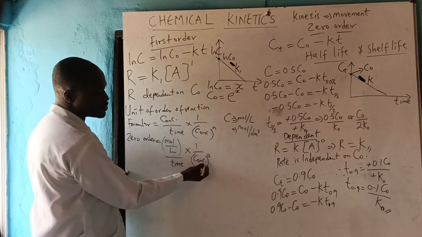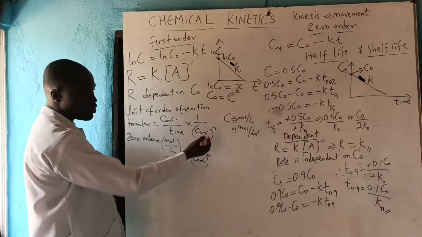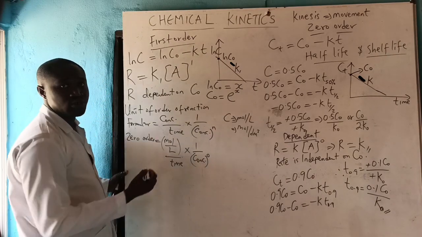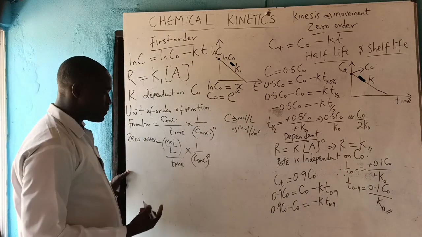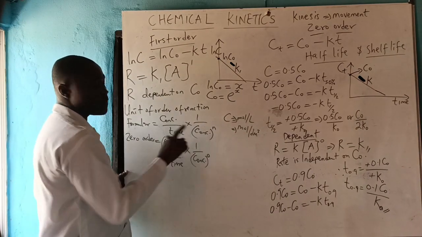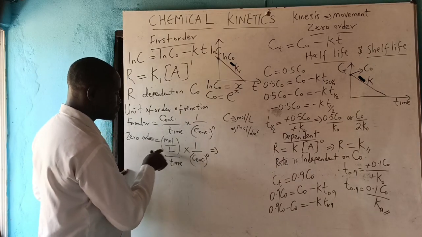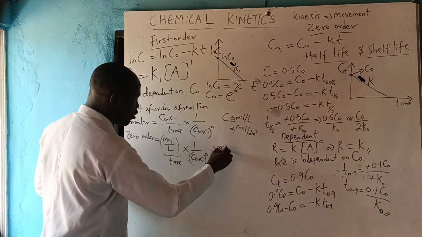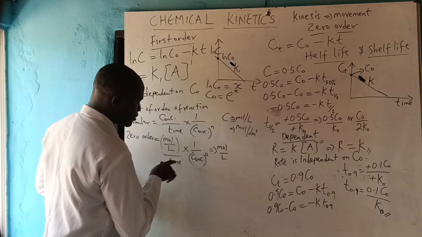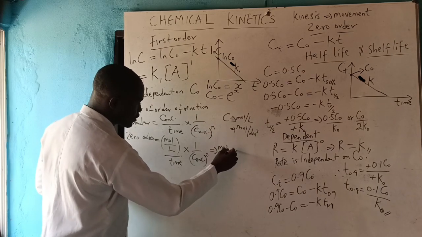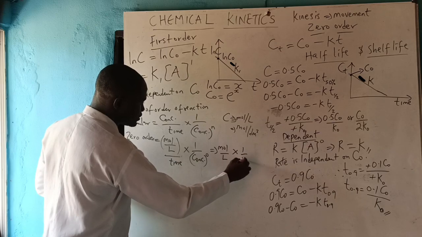Anything raised to power of 0 is 1. Why are we writing 0? n means order of reaction, and order of reaction is 0. So anything raised to power of 0 is 1. 1 over 1 is 1. That will be giving me mole per liter. Change this division to times 1 over time.